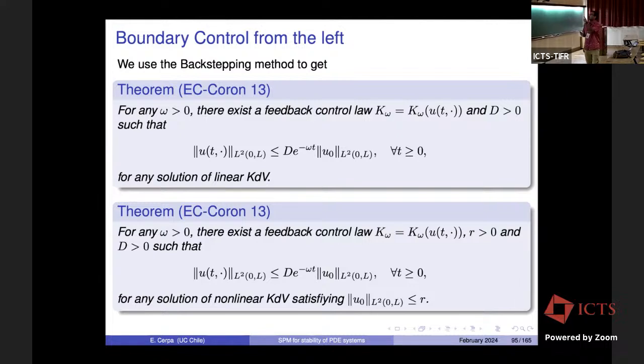For any decay rate omega, we are going to build a feedback law, this operator K, such that the L2 energy of the solution is decreasing exponentially to 0 for the linear system, and for the nonlinear system we add this parameter R, bounding where the initial data can live.